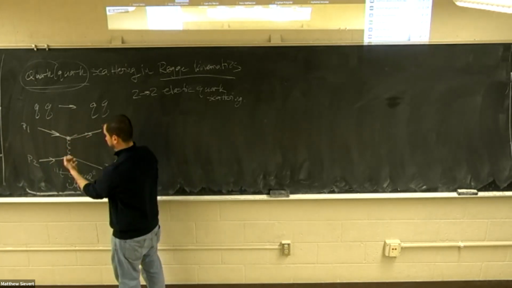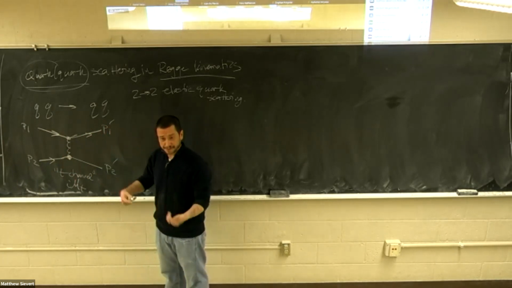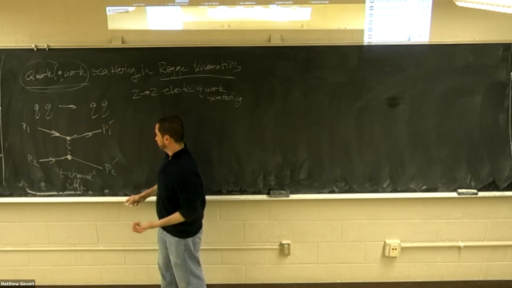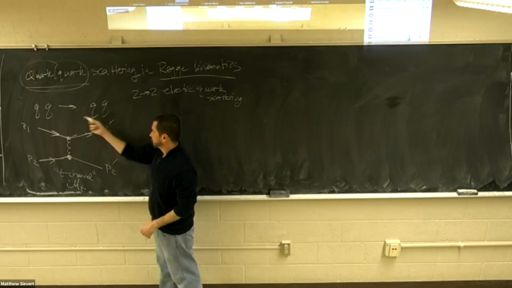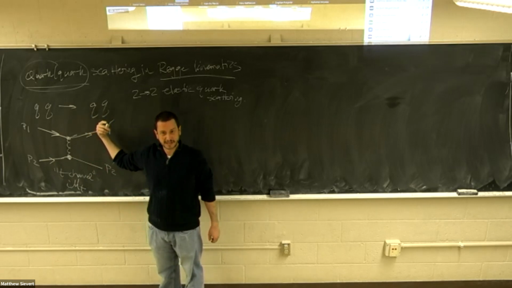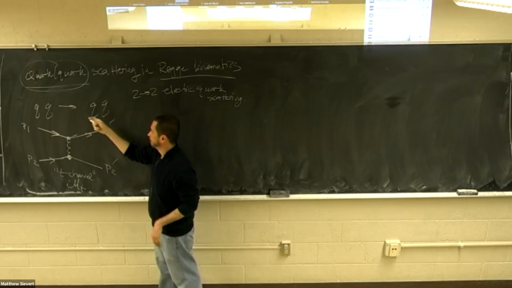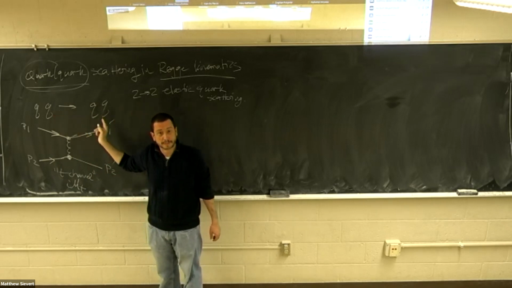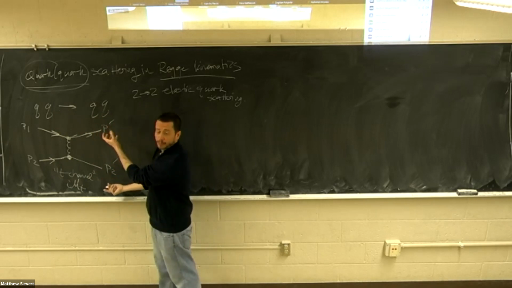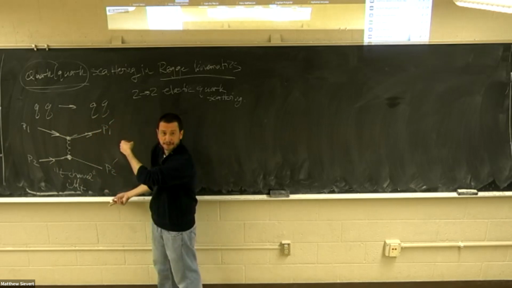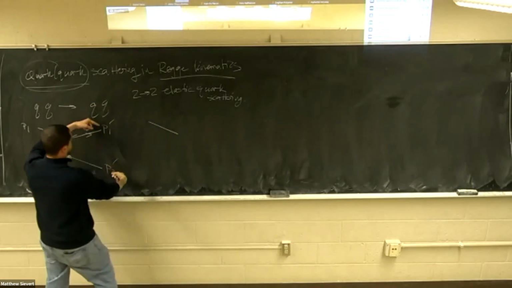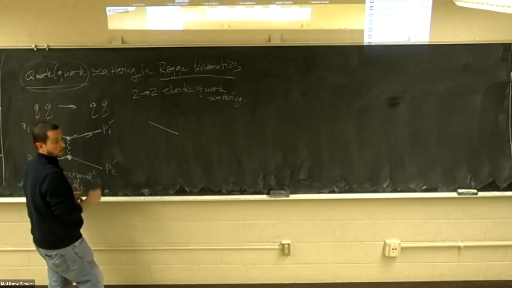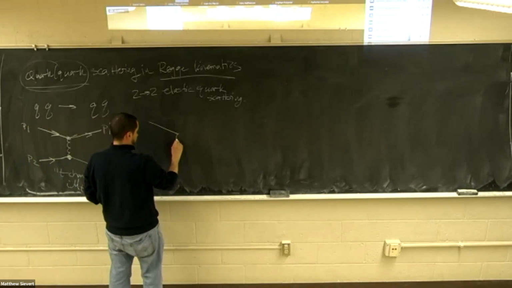There's a second diagram that I can draw that looks very much the same. It has the same kind of gluon exchange. It differs only in one respect, which is the exchange of identical particles. So if I have 2 quarks of the same flavor, implicitly, say 2 up quarks go to 2 up quarks, and these are identical particles in the final state, I can't tell the difference between which one is which. So I also have to add the contribution where I exchange which one I call P1 prime and which one I call P2 prime.